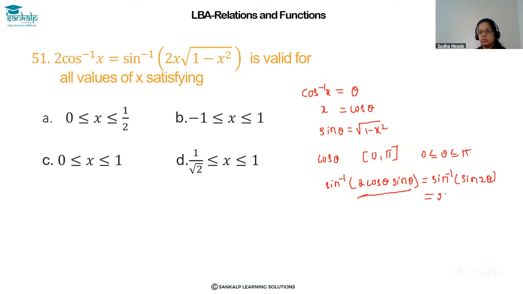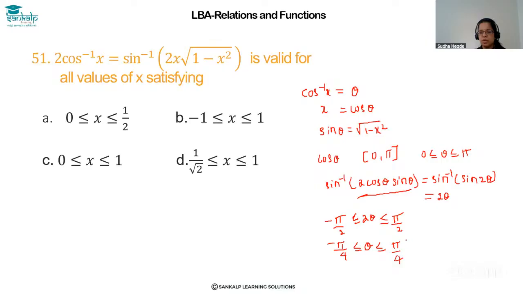That is equal to 2 theta. Sine of an angle, it should lie between minus pi by 2 to pi by 2. Correct? Now, that implies theta should lie between minus pi by 4 to pi by 4.